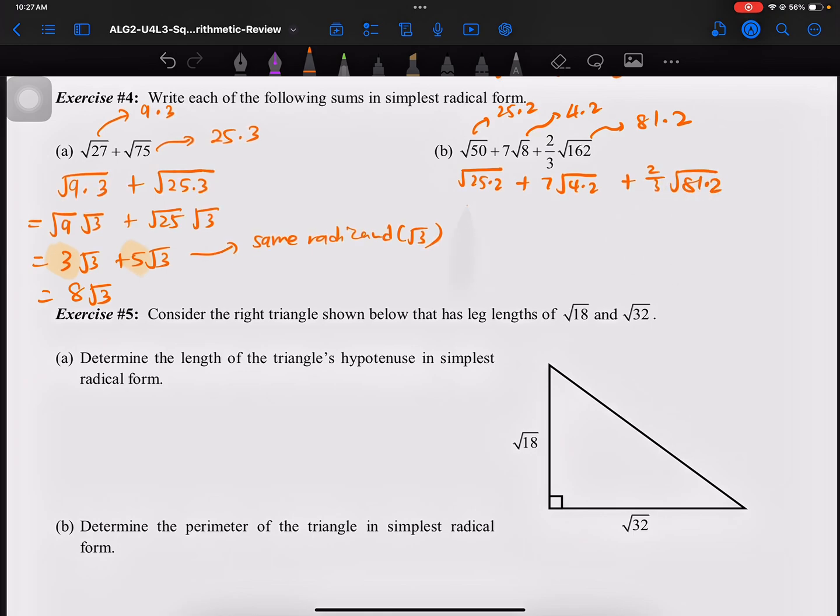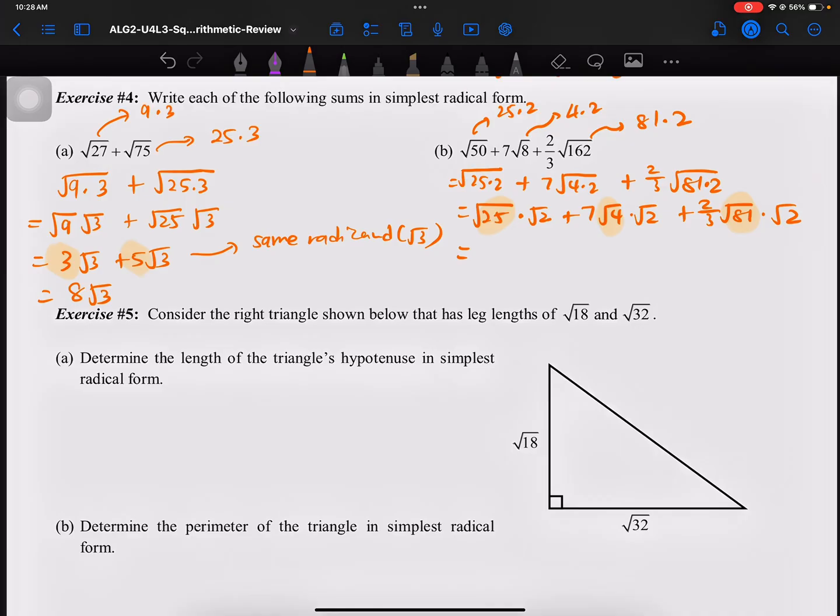From here, you see that you can simplify, because each one has a perfect square.